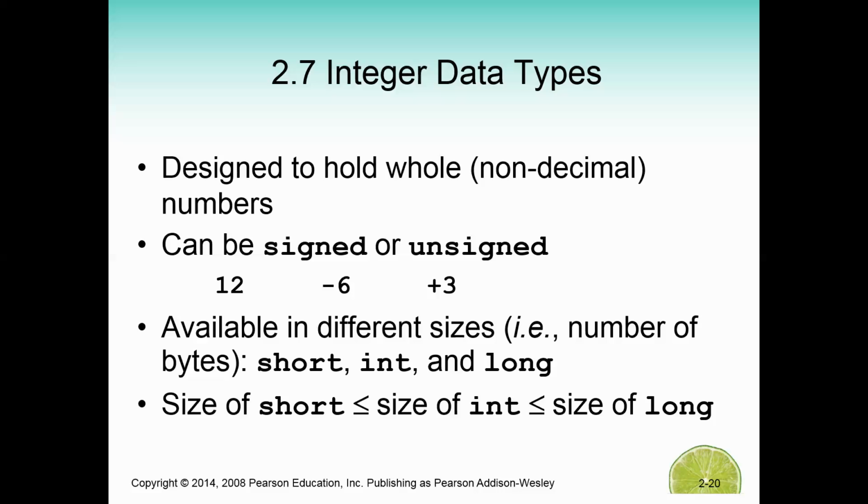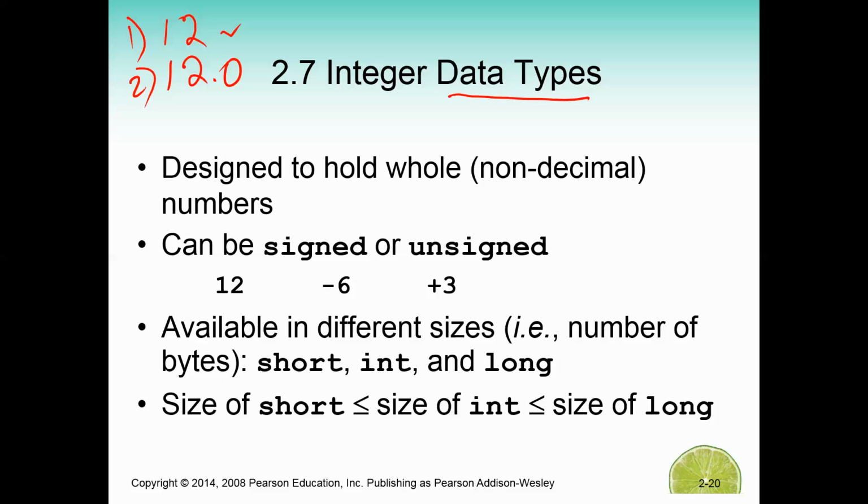Okay, when we're talking about data types, integers. If I give you 12 and 12.0, which one is an integer, 1 or 2? 1 is going to be an integer. 12.0 is not an integer.